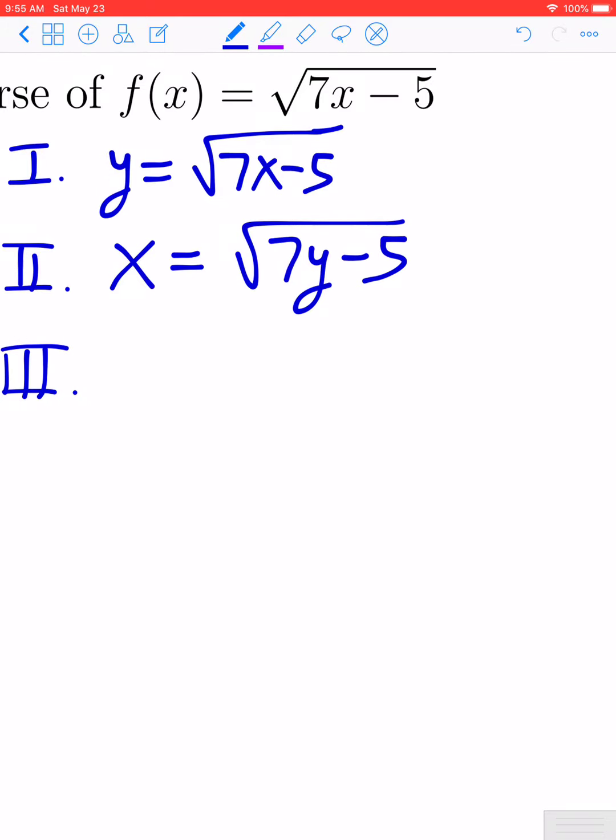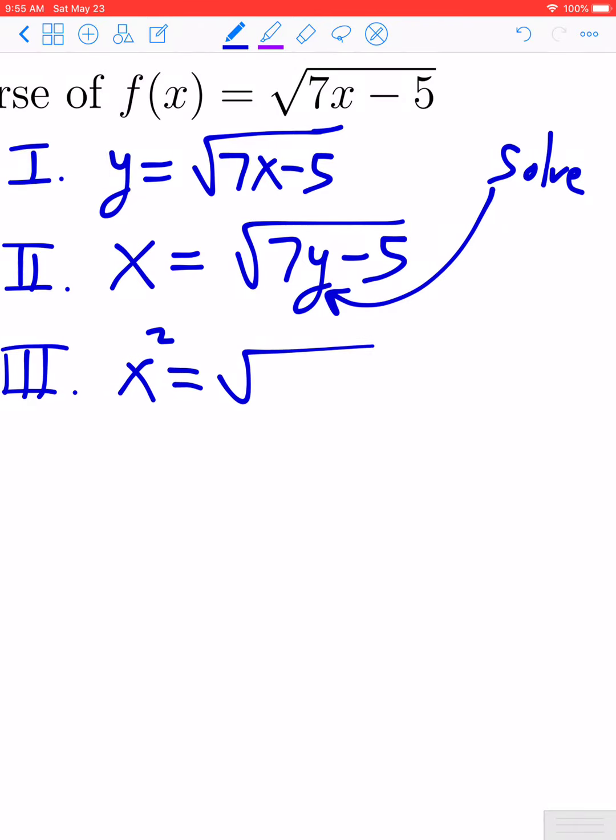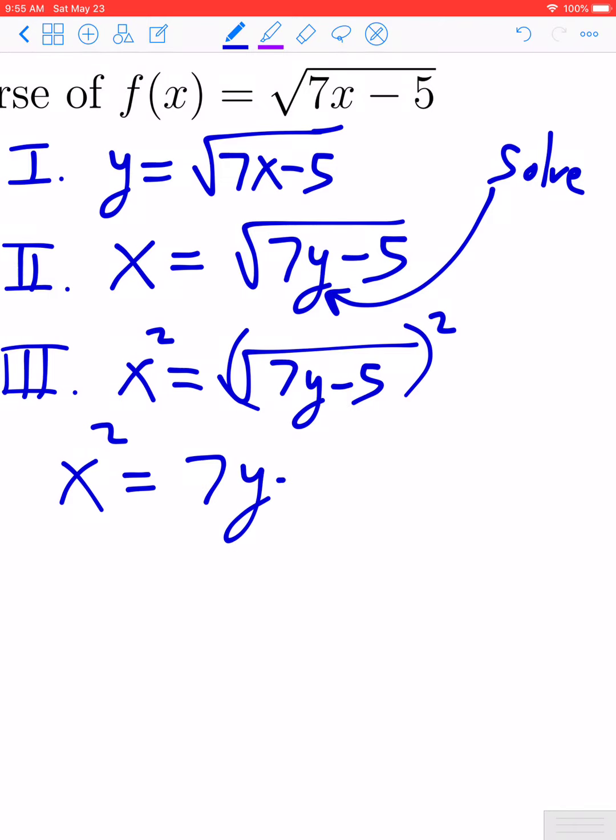And now the third step is we want to take this equation and solve to get the y by itself. First thing we're going to do is square both sides. We get x squared equals 7y minus 5. A little bit of baby algebra here. Add 5 to both sides.